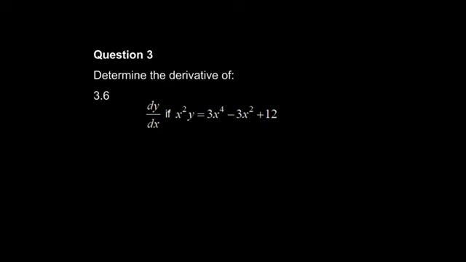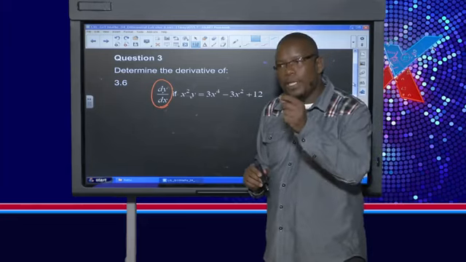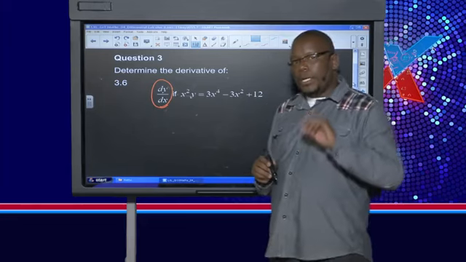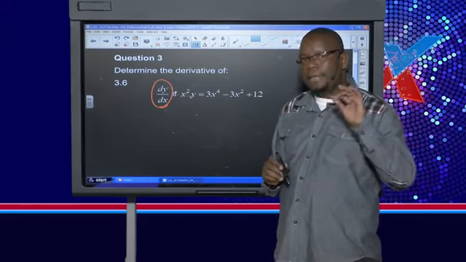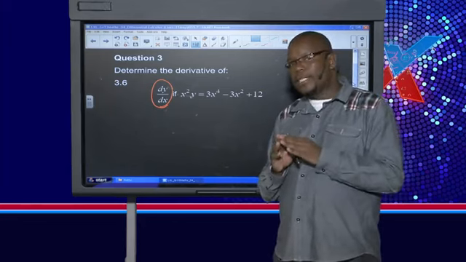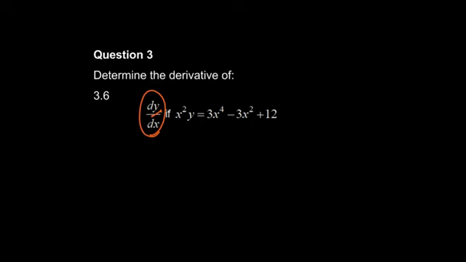Now, the point that I want to stress here is that if they're asking you to find dy over dx, they want you to find the derivative with respect to x, and your y has to be the subject of the formula. If they're asking you to work out maybe dt/dx, right? Here, your question will have your t as a subject of the formula.